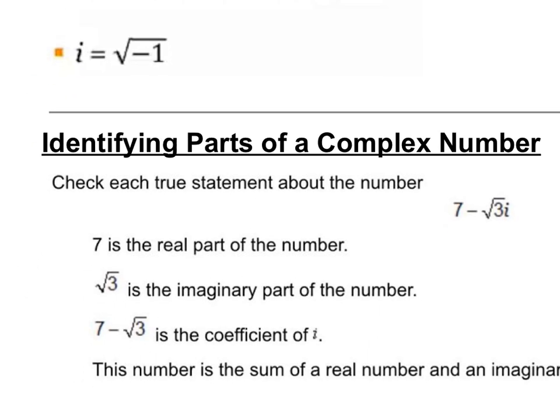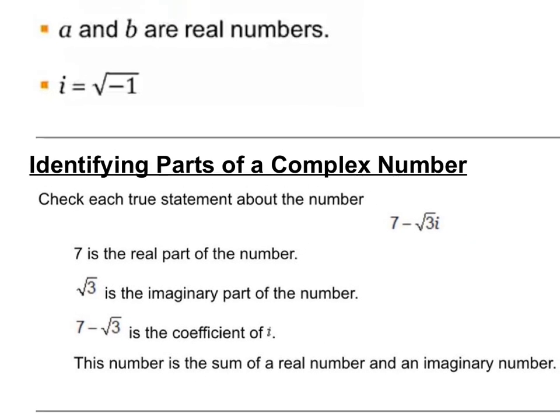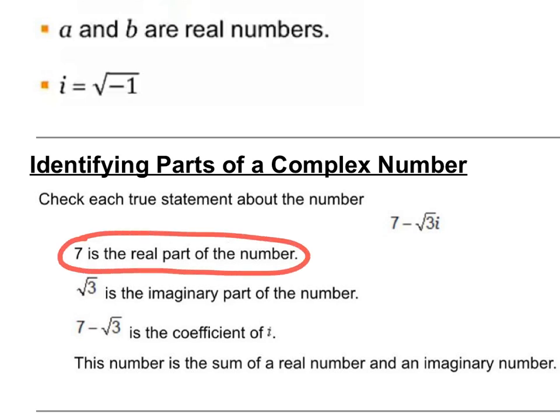So what we want to do is identify the parts of a complex number. Check each true statement about the number. I've got 7 minus the square root of 3i. We know that 7 is a real number, so that's a true part. It says here that the square root of 3 is the imaginary part of the number.